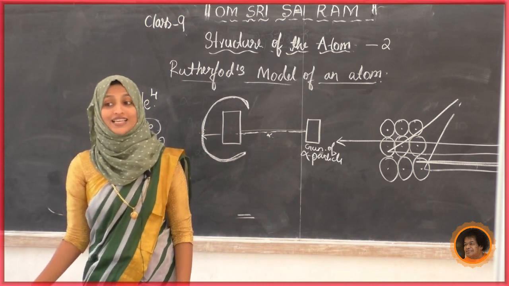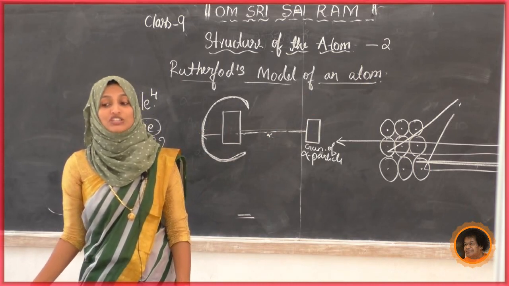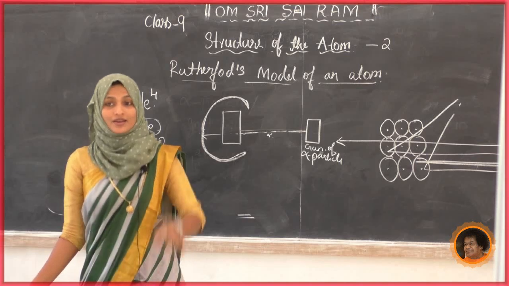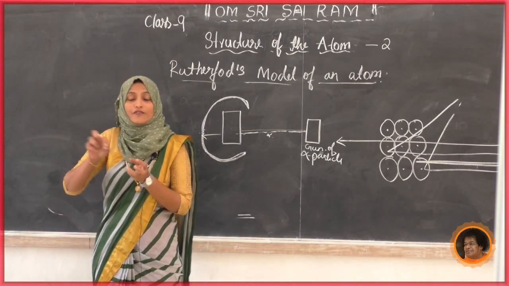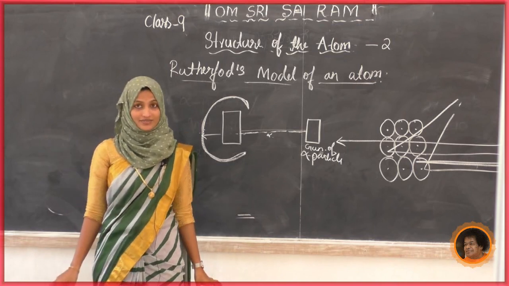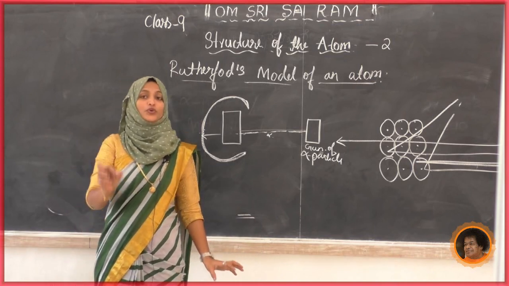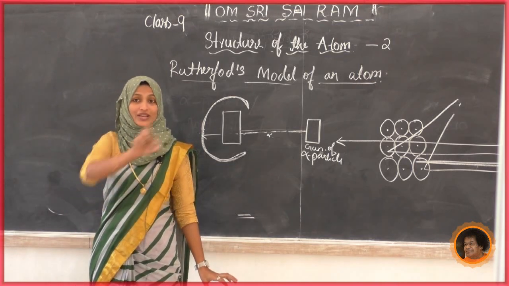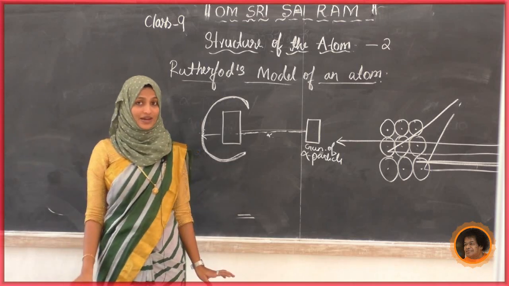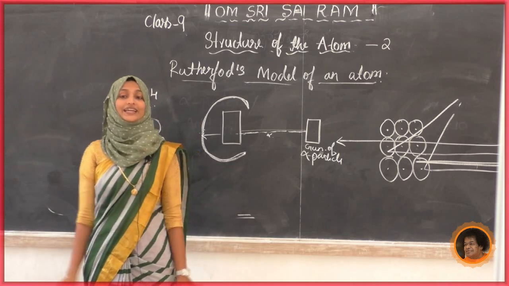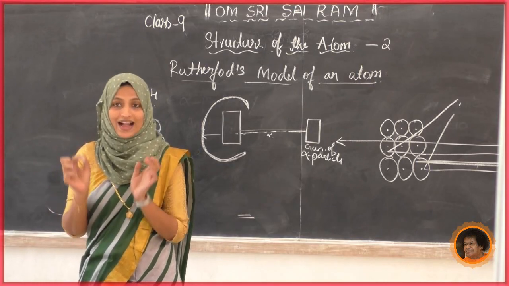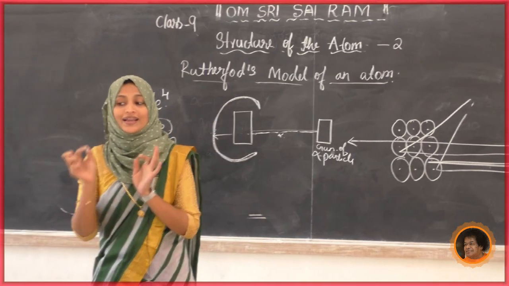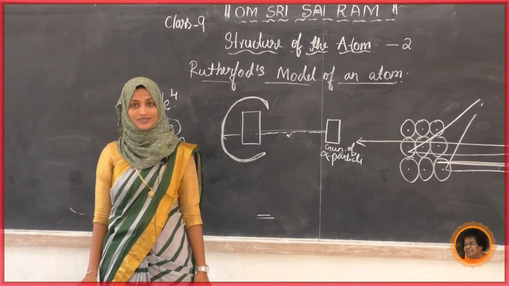Okay? And for the second observation, he is concluding that very few particles were deflected from their path. It indicates that the positive charge of the atom occupies very little space.